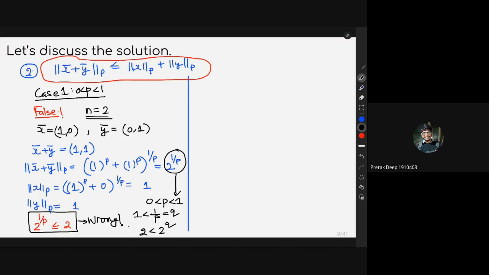So if you are starting with an increase in value, since exponential is an increasing function, that's why this will hold.